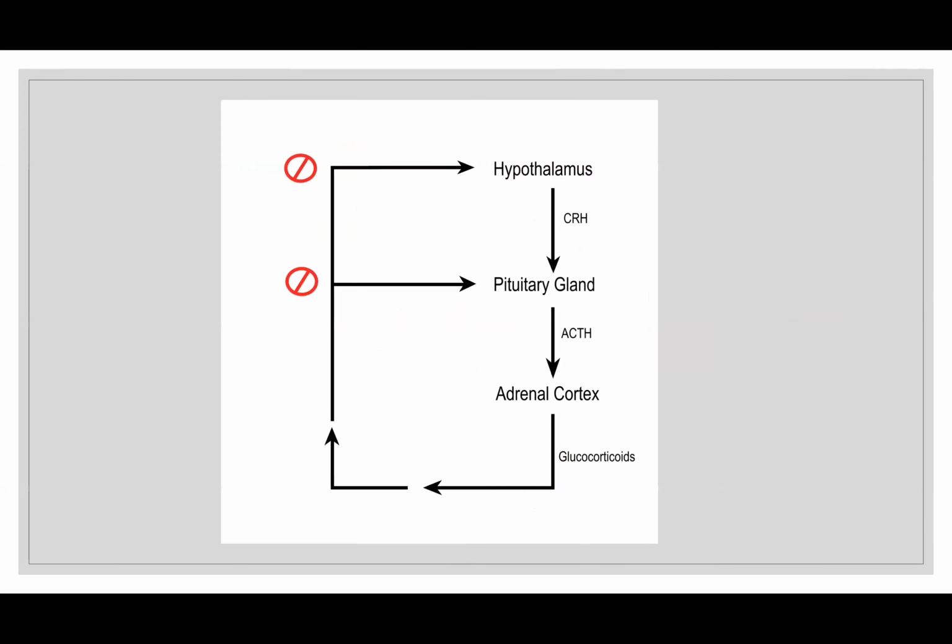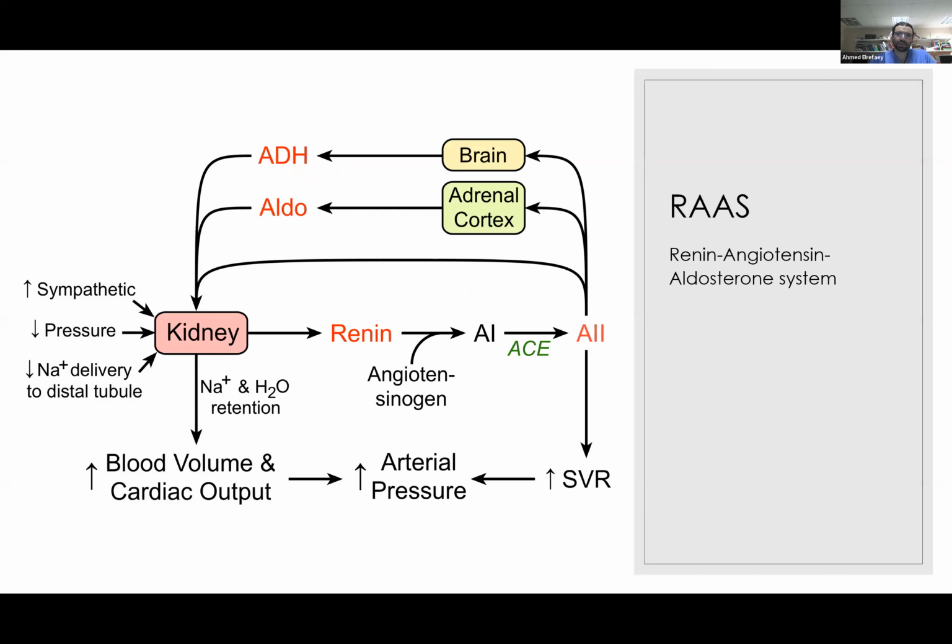To simplify this diagram, the hypothalamus releases the corticotropin releasing hormone to the pituitary gland that releases the adrenocorticotrophic hormone to the adrenal cortex, which gives us glucocorticoids and mineralocorticoids, whose level does a negative feedback mechanism on both hypothalamus and the pituitary gland to stop the secretion of CRH and ACTH.